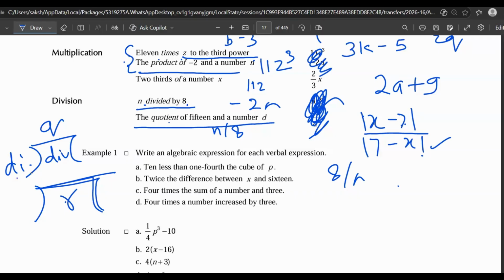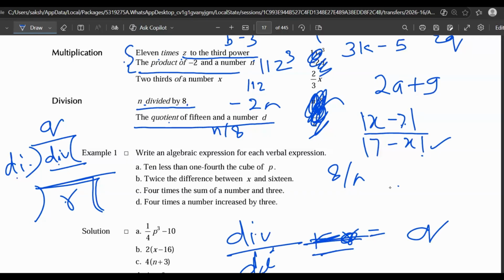Divisor is the number that divides a number. Dividend over divisor plus remainder. If there is no remainder, meaning the remainder is 0, then dividend over divisor is going to be equal to the quotient.